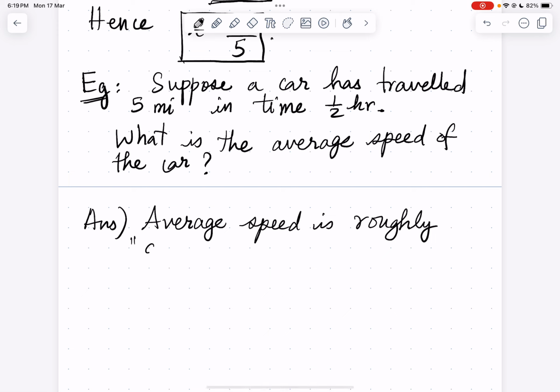This is roughly distance traveled per unit time.